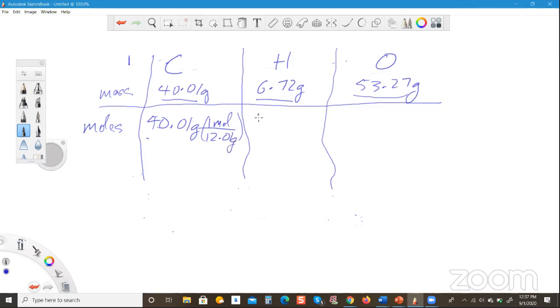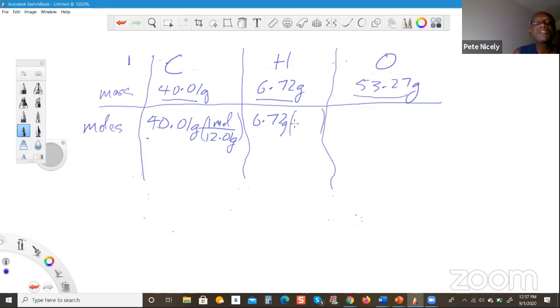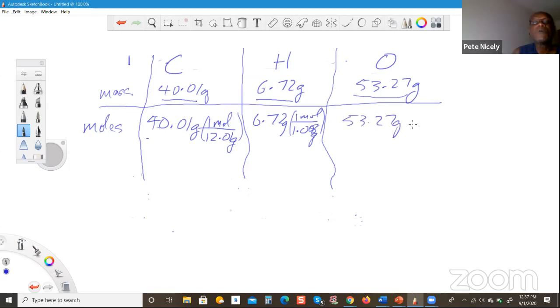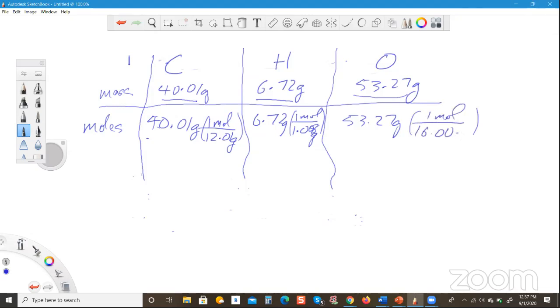We do the same thing for the other elements: 6.72 grams for hydrogen, multiplied by 1 mole divided by 1.008 grams. And in the case of oxygen, 53.27 grams, we multiply that by 1 mole over 16.00 grams.